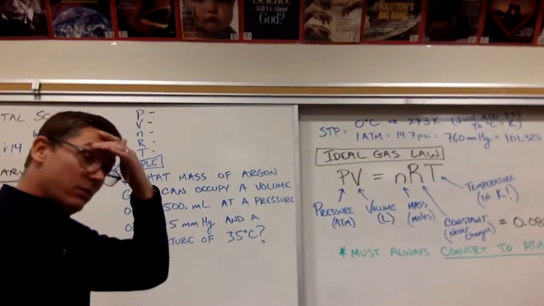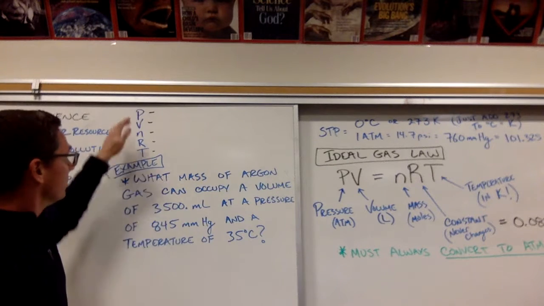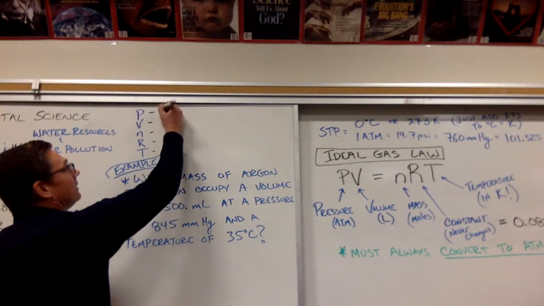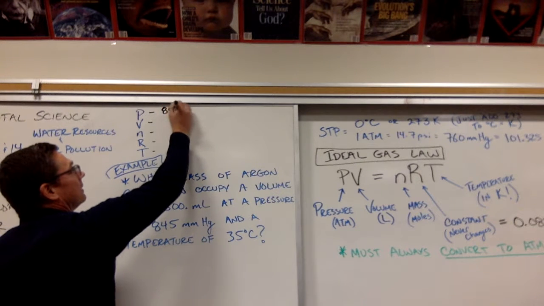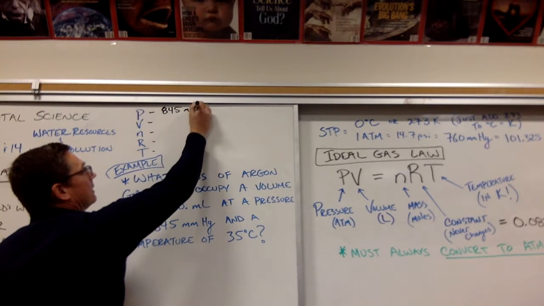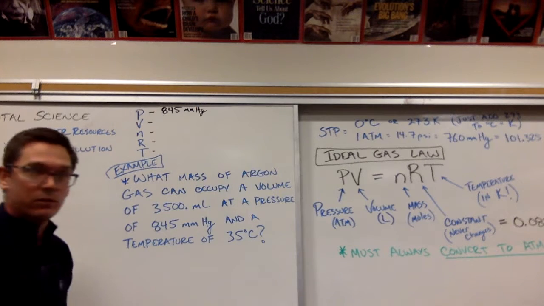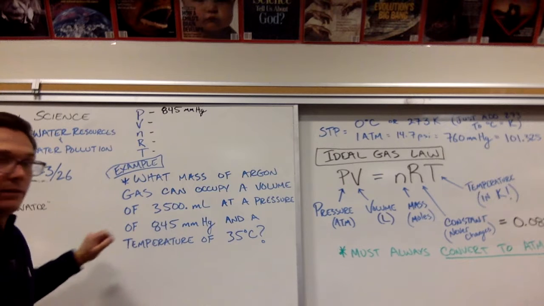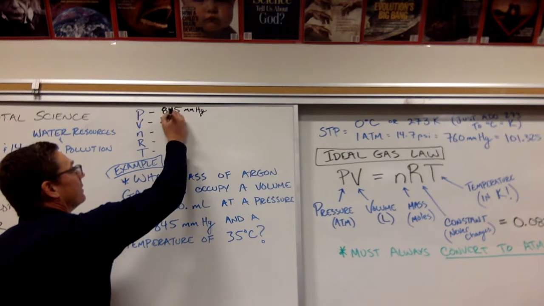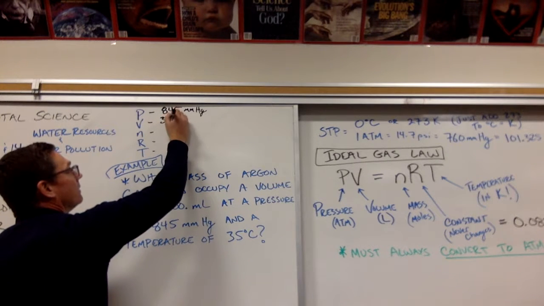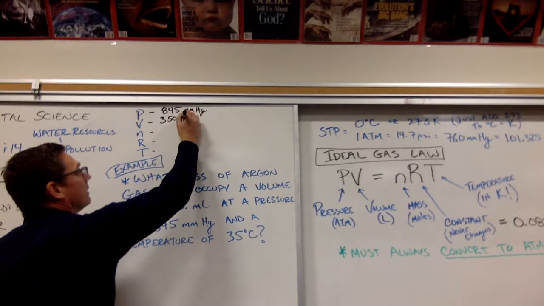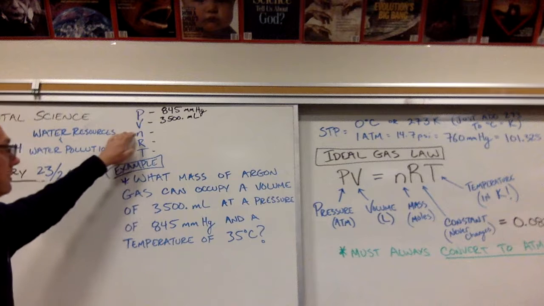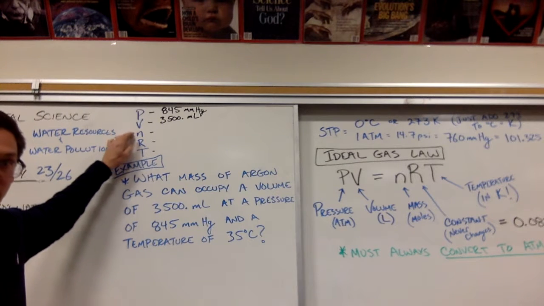So the first thing is we're going to write down our givens, right? So it gives us pressure. So we know pressure is 845 millimeters of mercury. It gives us volume, 3,500 milliliters. n represents mass, remember.